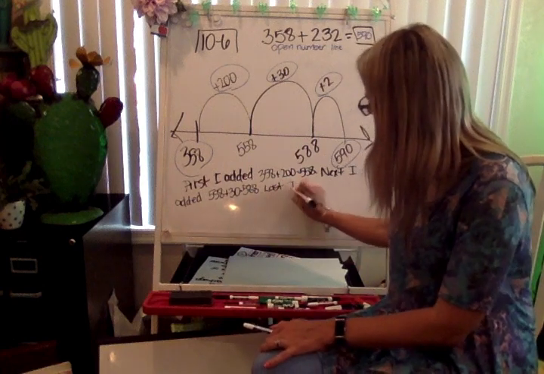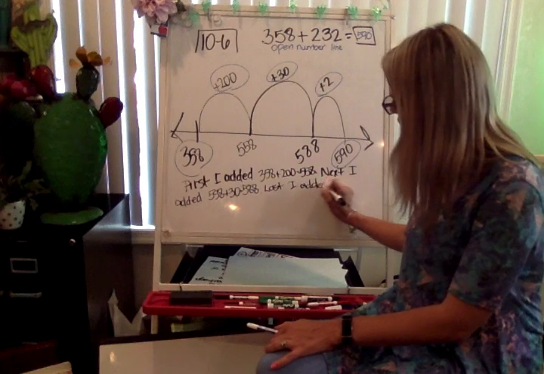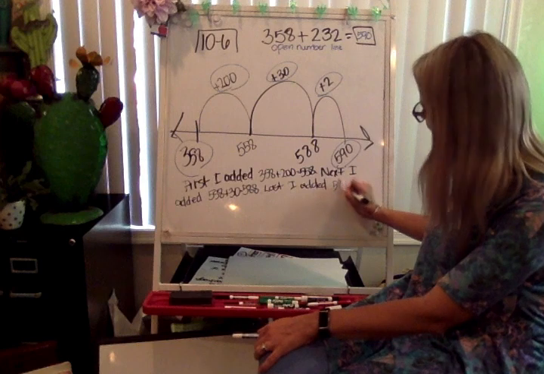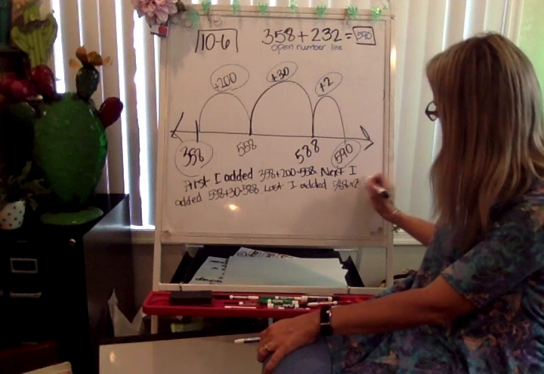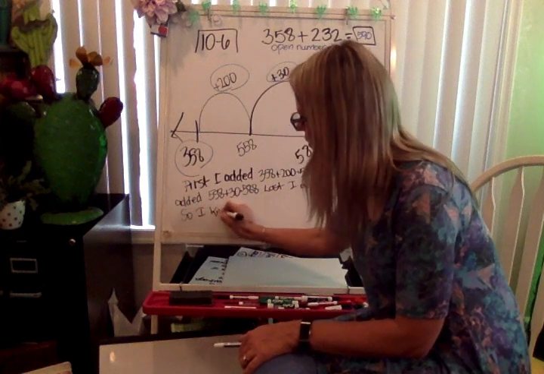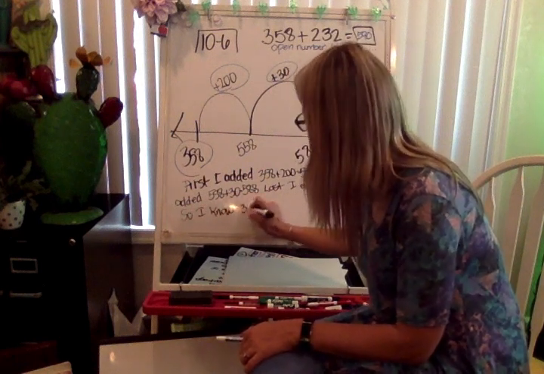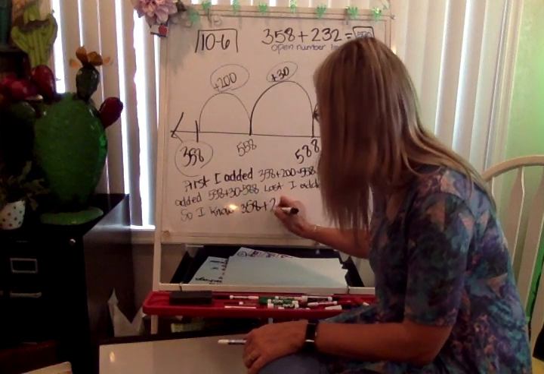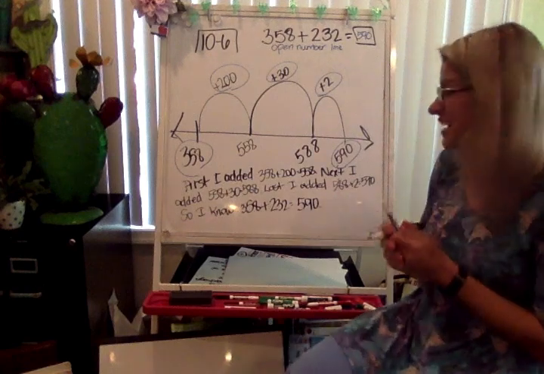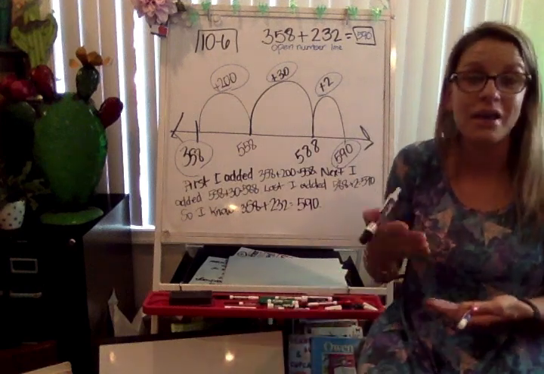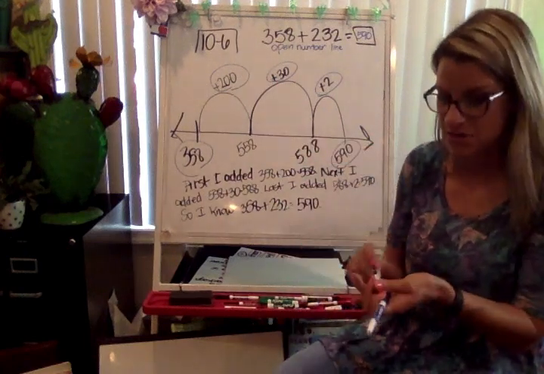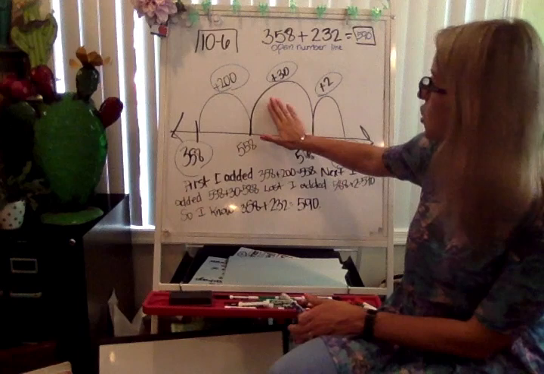Last, I added 588 plus 2 equals 590. So I know 358 plus 232 equals 590. And that is how I would explain how I got my answer. This is my evidence on how this works. That's how come that strategy is working. And this is the open number line.